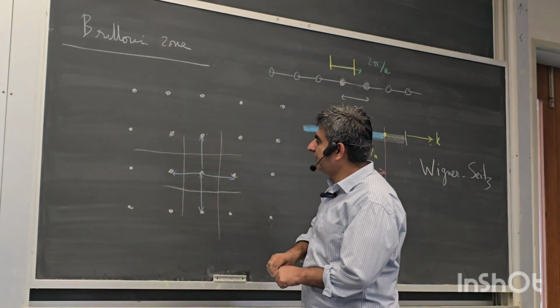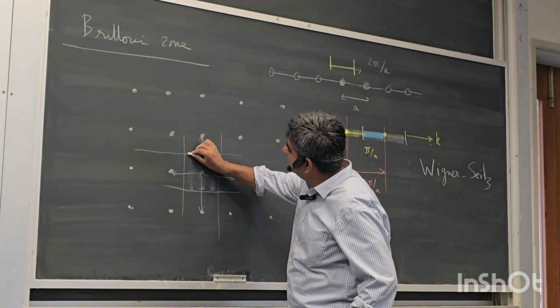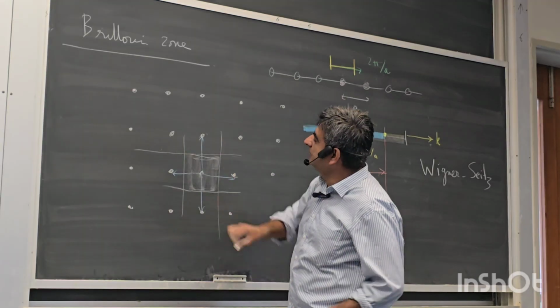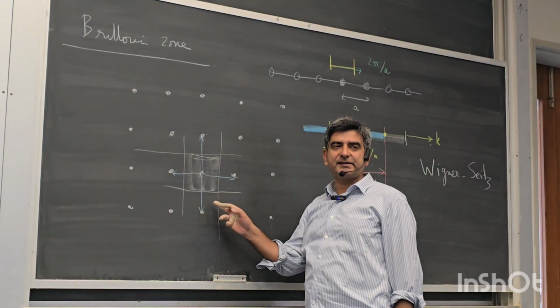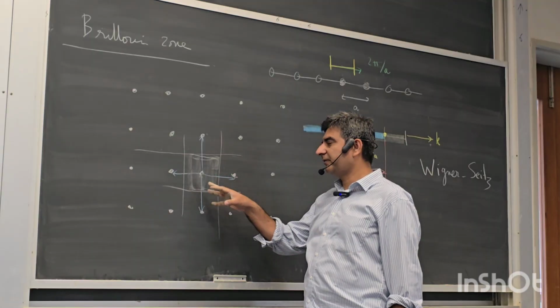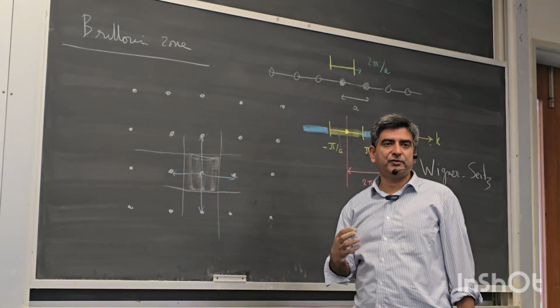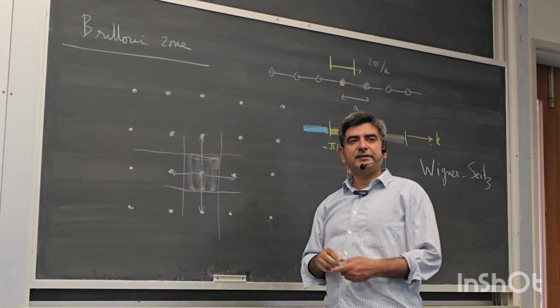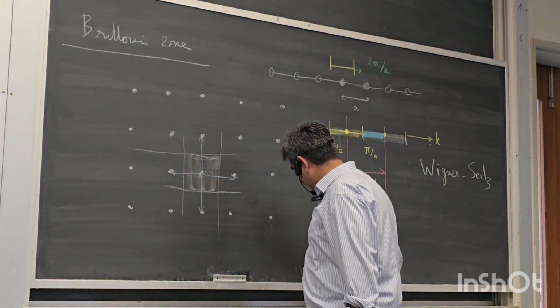So this region here, which is inside these bisectors, is the Wigner-Seitz cell in the reciprocal lattice, and this qualifies as the first Brillouin zone. So this is the first Brillouin zone. And the k values inside this Brillouin zone will all be quantized.